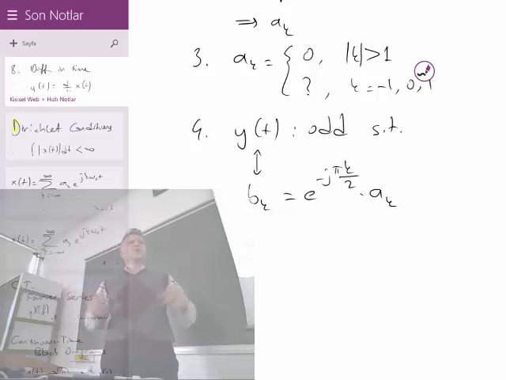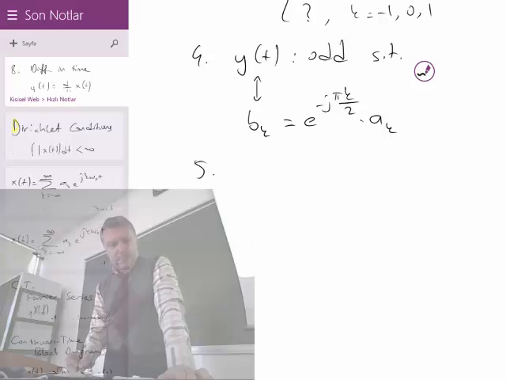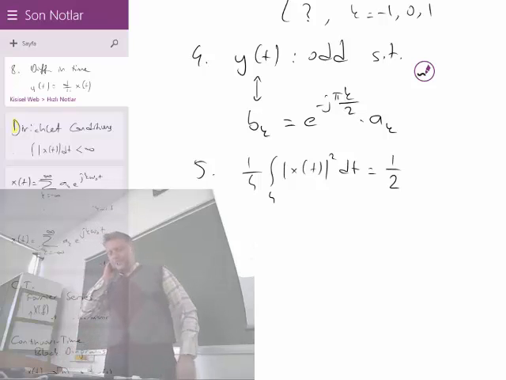What's an odd signal with two Fourier series coefficients? It's a sine. The only odd signal with two Fourier series coefficients is a sine. So y is a sine, and it corresponds to the shifted version of x. And we also measure the power to be equal to 1 over 2.